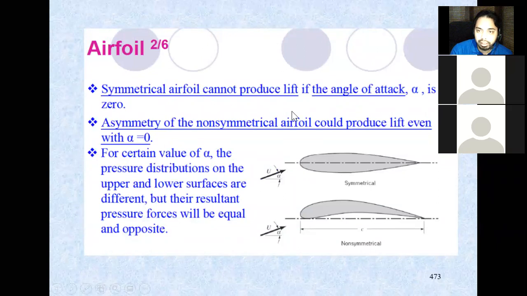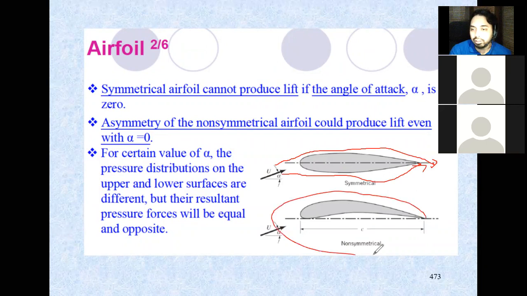A symmetrical airfoil cannot produce lift, because the pressure at the bottom and top will be the same. So you need a non-symmetrical one, or a certain angle of attack or orientation.